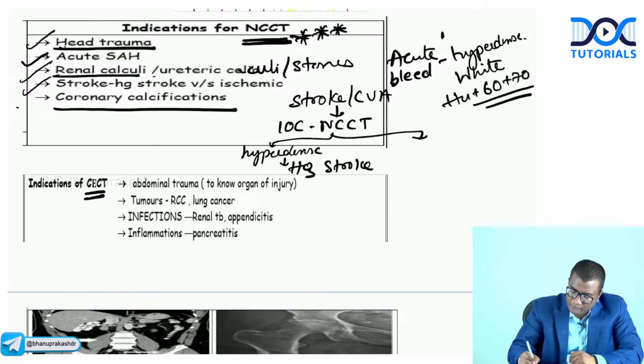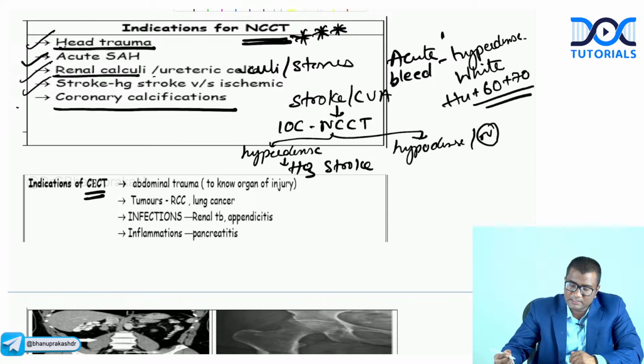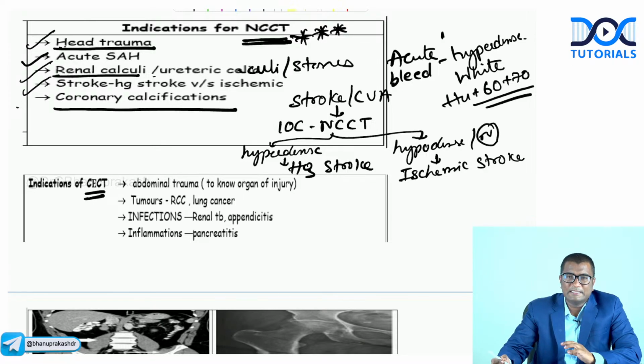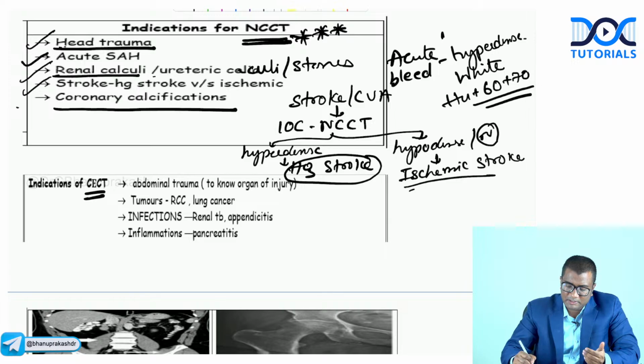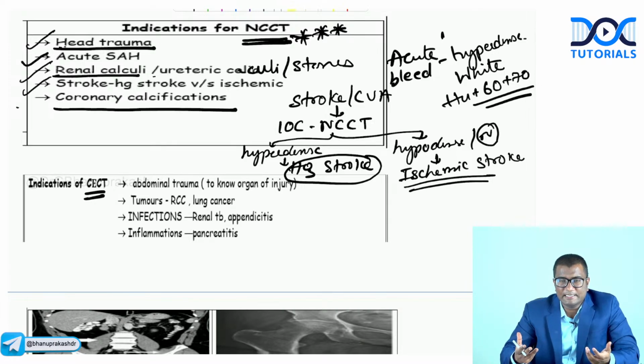And if it is hypodense or normal, sometimes the CT scan may be normal, this is ischemic stroke. The hemorrhagic stroke will appear white, the ischemic stroke will appear black. To differentiate that easily, we go for a non-contrast CT.